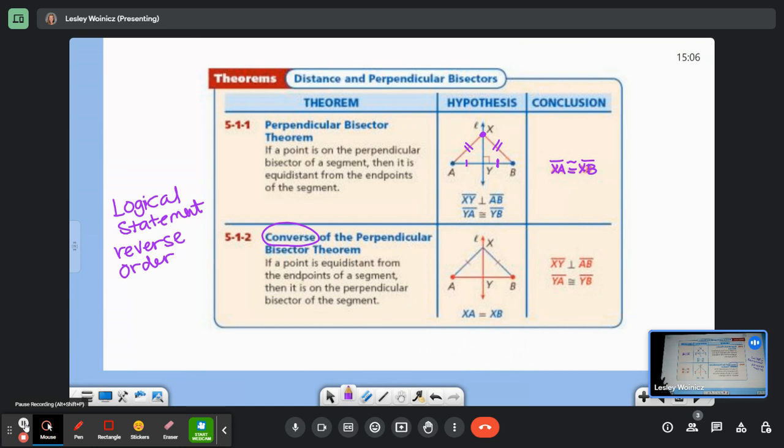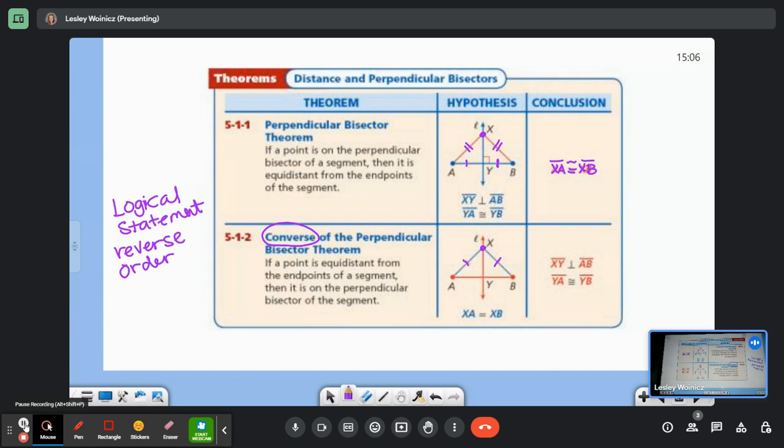I'm going to say it again. If our point is on a perpendicular bisector, it is equidistant from the endpoints. That's forwards. If these two lengths are the same, then we know that X is on a perpendicular bisector. It's not as cool as the first one, but it's true. We'll use that information both ways.